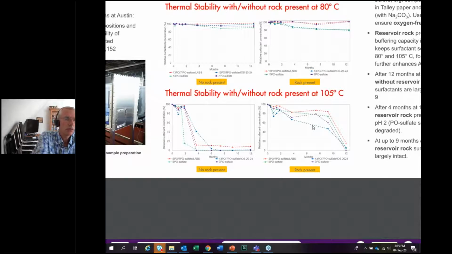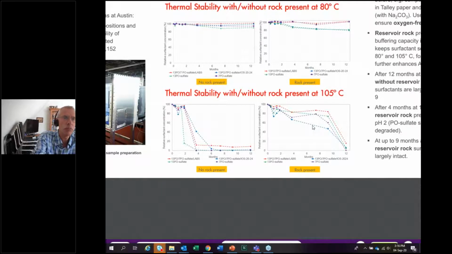You can see that with no rock present, they all basically decomposed pretty rapidly. So within a few months, up to about 4 months, they crashed down to 0, and then basically we didn't have any surfactant present.